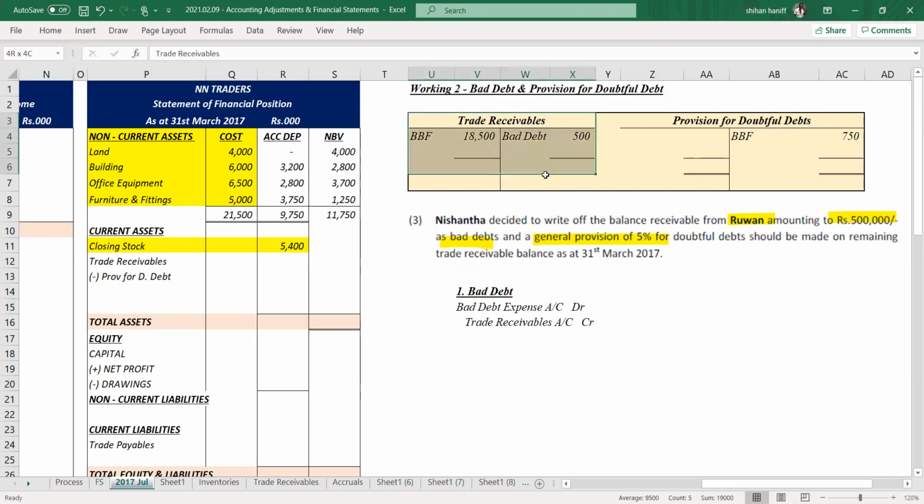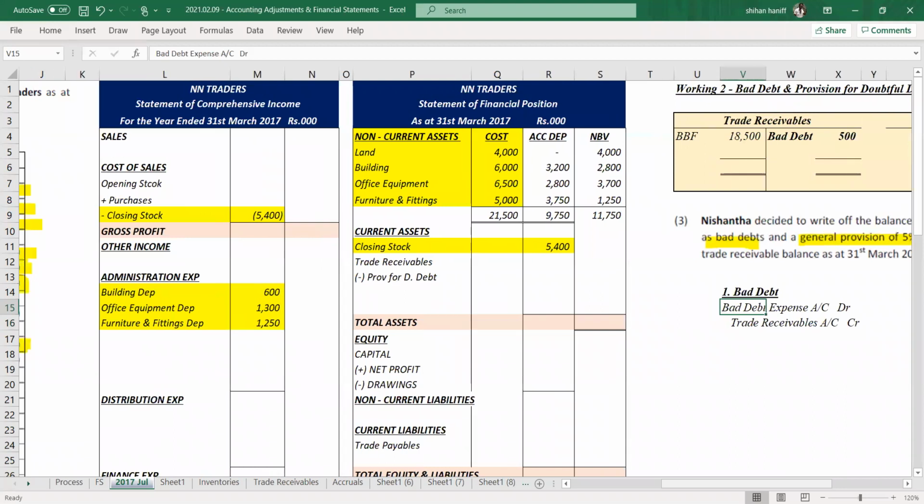Okay, so here is the trade receivable account. We have credited 500 and the debit entry goes to the income statement under distribution expense, bad debt 500.